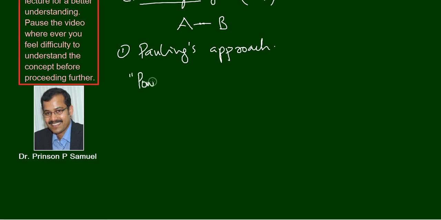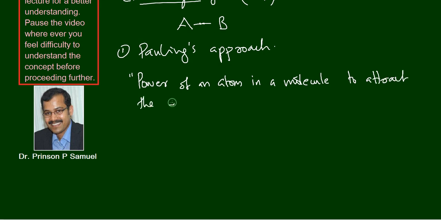Electronegativity is the power of an atom in a molecule to attract the electrons to itself. That is called electronegativity by Pauling's definition.